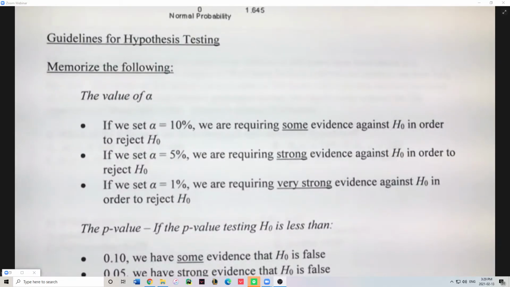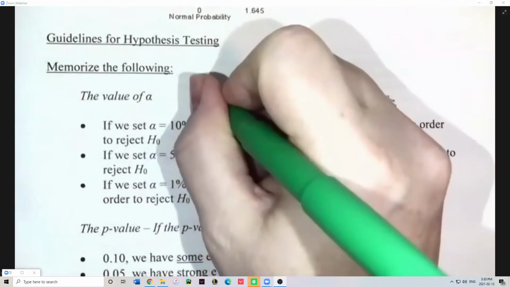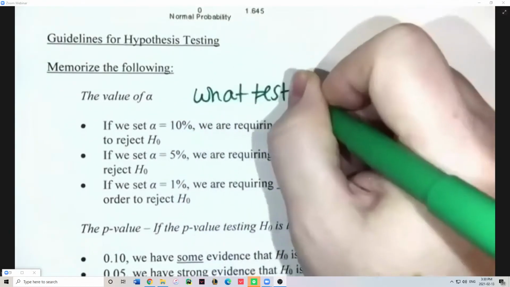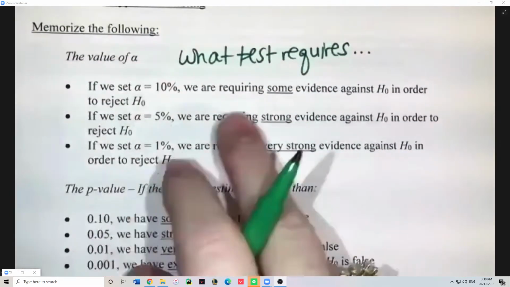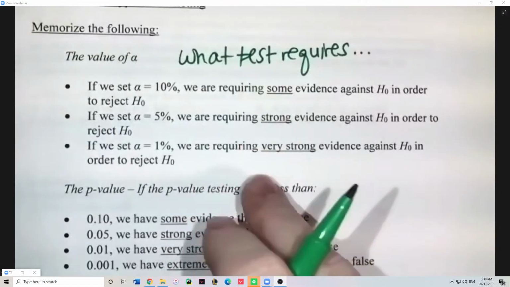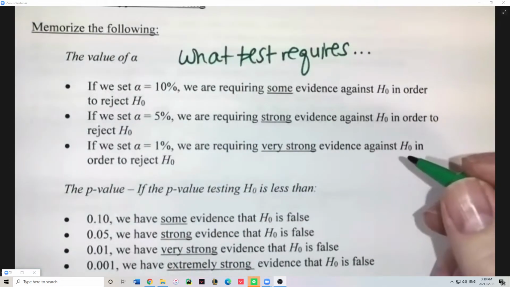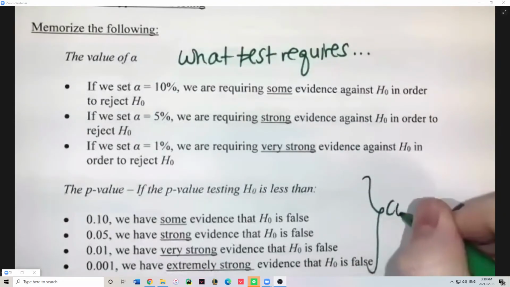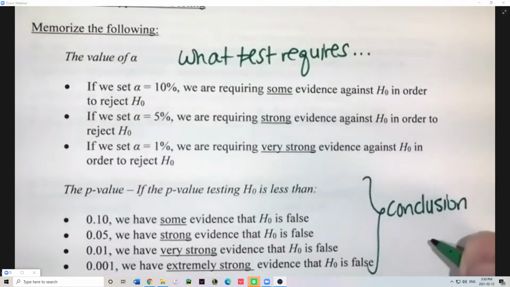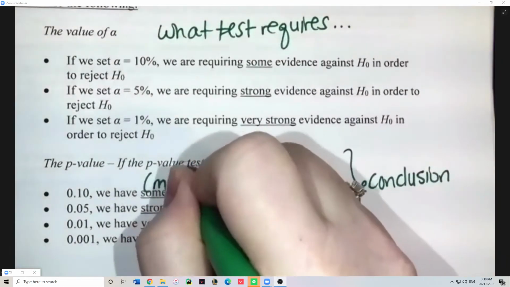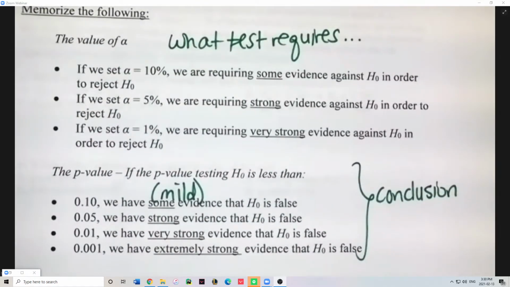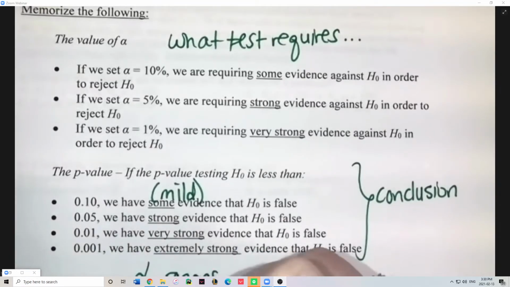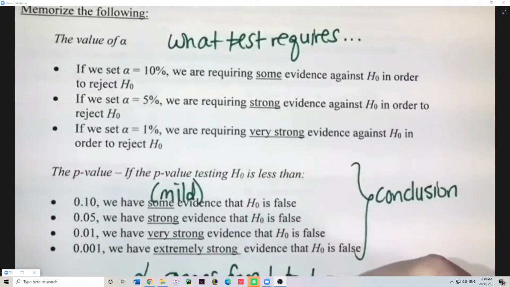Now, from your notes, you have what the test requires. So you need to memorize these different levels, and the levels strong, very strong, some, all of that. And then you have your conclusion based on the p-value. Sometimes they call it mild. Sometimes they'll say mild bracket some, so both. And keep in mind that your alpha ranges from 1 to 10%.